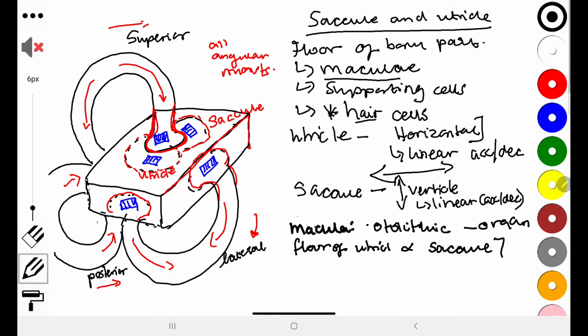At the walls of both of these we find the macula, and we see that they're able to detect different linear accelerations because of the way that they are placed or surmounted on the walls.